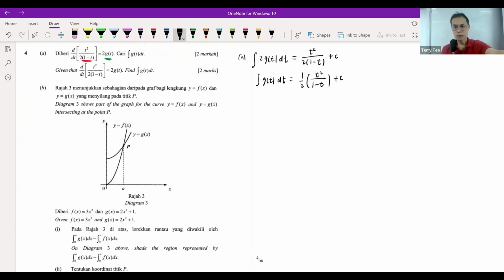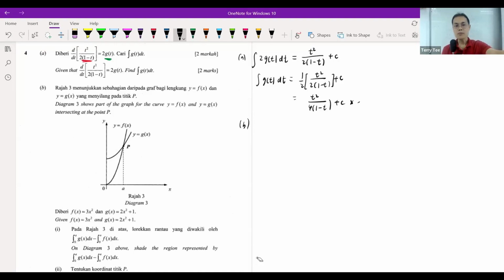So you don't have to write c over 2. So I think I'll just write like this. This will be, therefore, t squared over 4 times (1 minus t) plus c. That's all. Very simple. All right. That's part A.